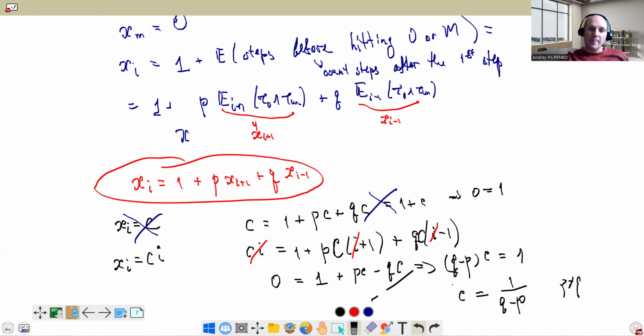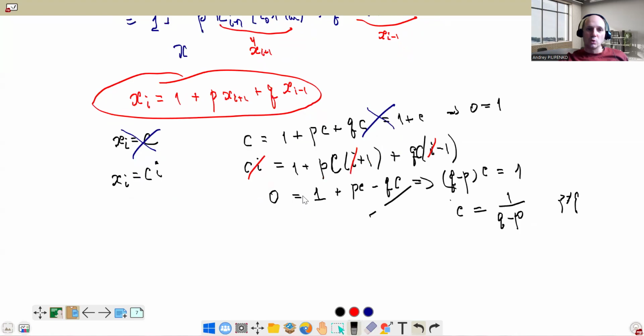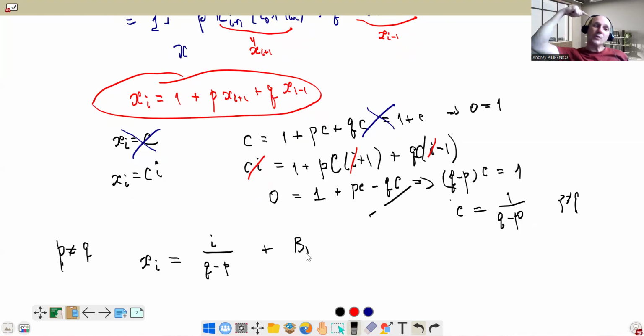And a particular solution to the non-homogeneous equation in this case is i divided by q minus p, and the general solution of this equation has the form i over q minus p plus B1, the first root we know, times 1 to the power i, so I will not write it, plus B2 times (q over p) to the power i.